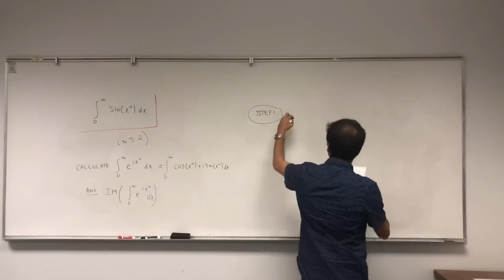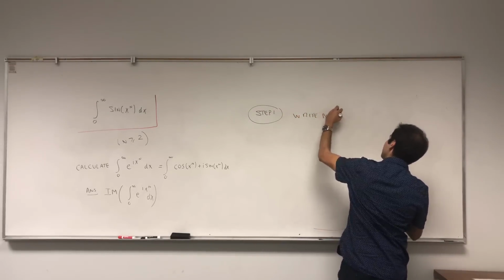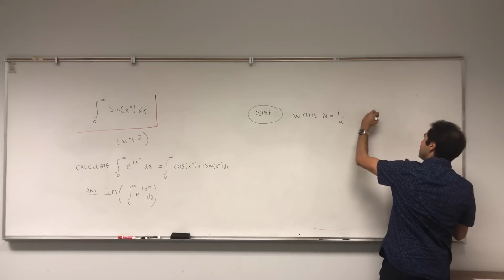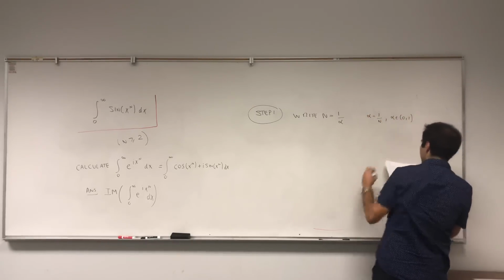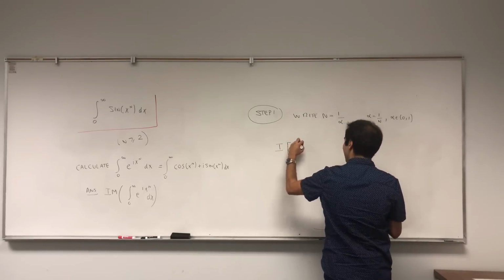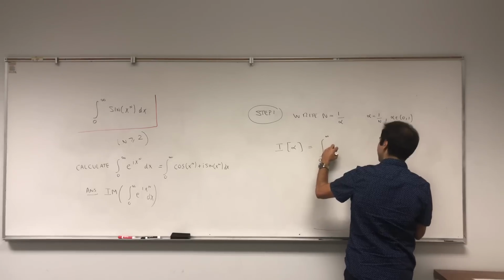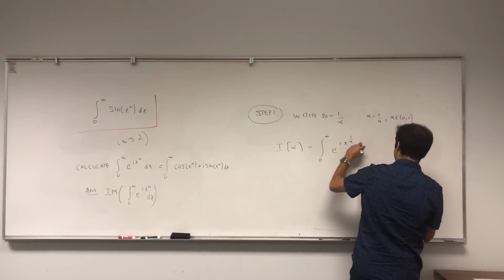So write n to be 1 over alpha. Then alpha is 1 over n, and alpha is between 0 and 1. And let's define the following more complicated integral. I of alpha is the integral from 0 to infinity of e to the i x to the 1 over alpha dx.